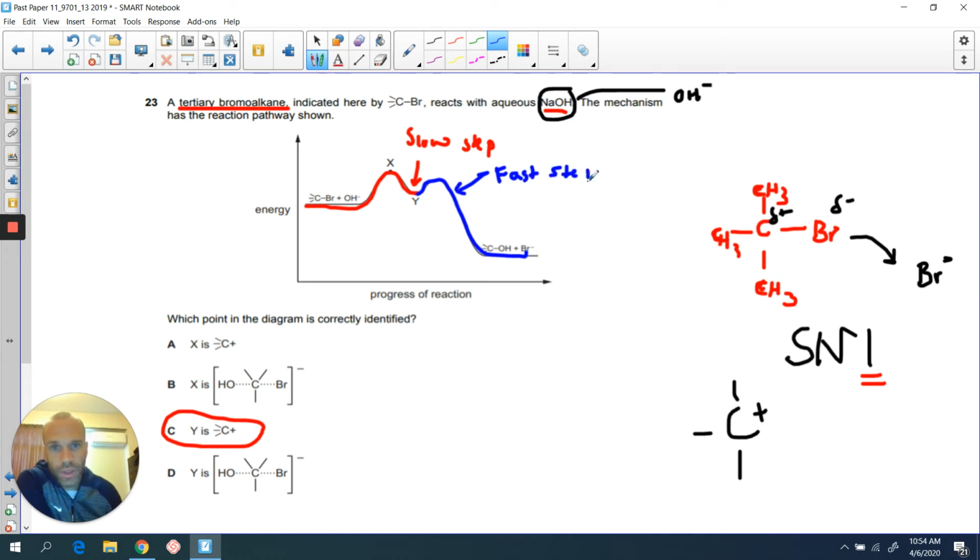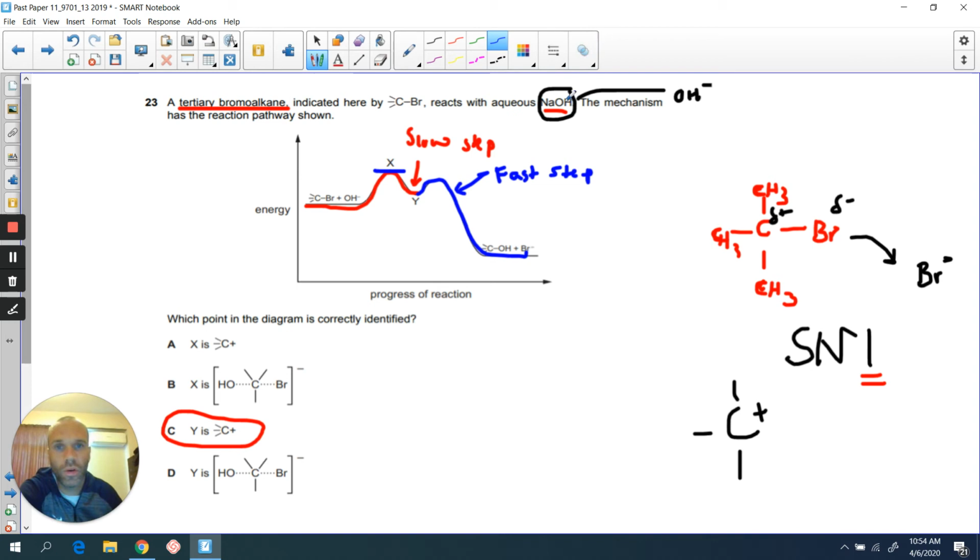If you can see that the value at the top of this hump here is higher than the value here, it's very key that this amount of energy is attained in order for the reaction to take place. It's this first step, this hump of energy that it needs to get over, that determines the rate, because this hump is lower than the hump here. So it's only this first step that is actually determining the rate of this reaction.